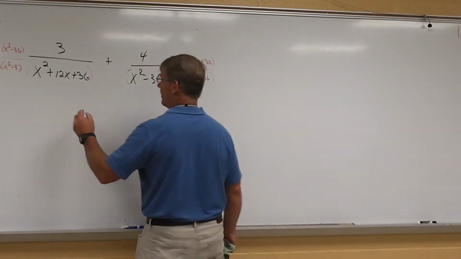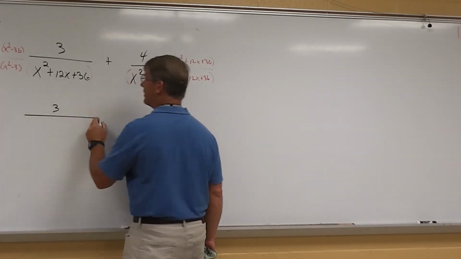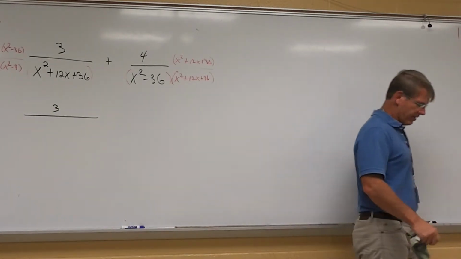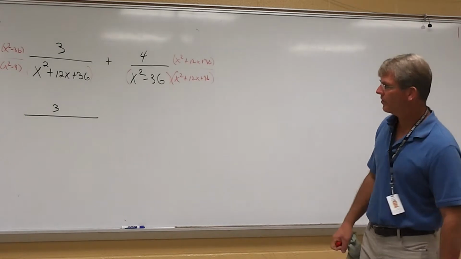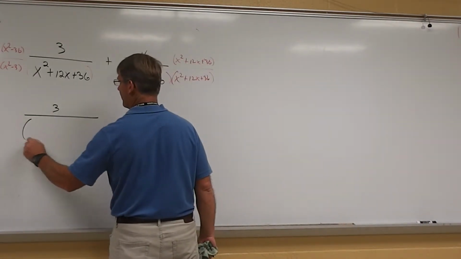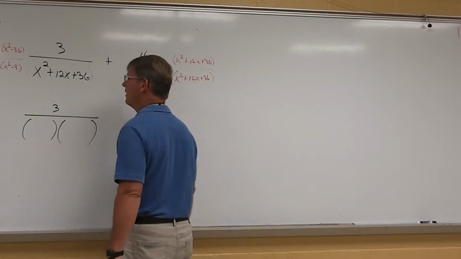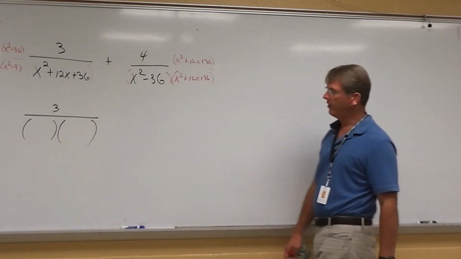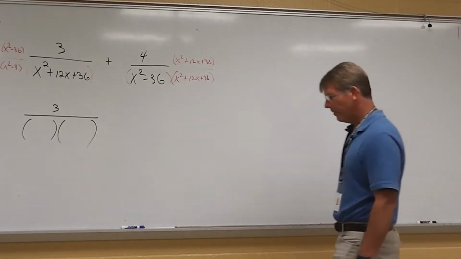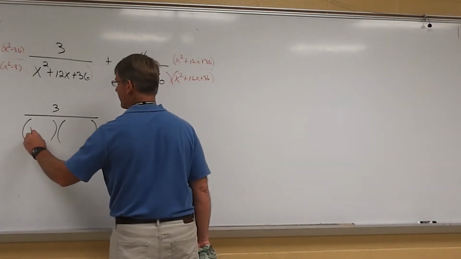Alrighty. Left-hand side, Sabrina, what type of factoring am I going to use to factor that one? Trinomial factoring. If trinomials factor, they are the product of what, Evan? Two binomials. Alright. And JT, you already got that factored for me? X plus 6 times x plus 6. Good.